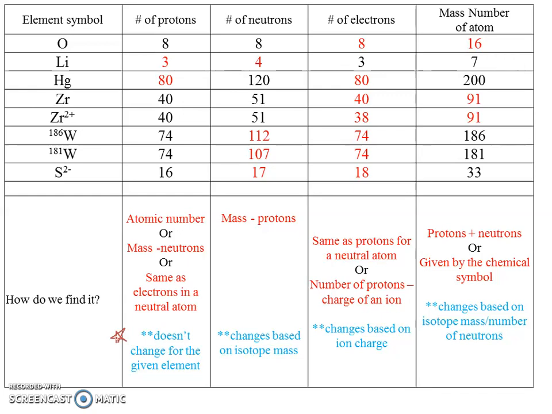Feel free to go back through this video as many times as you need in order to help when you are doing the calculation problems with finding the number of protons, neutrons, electrons, and the mass number of atoms.